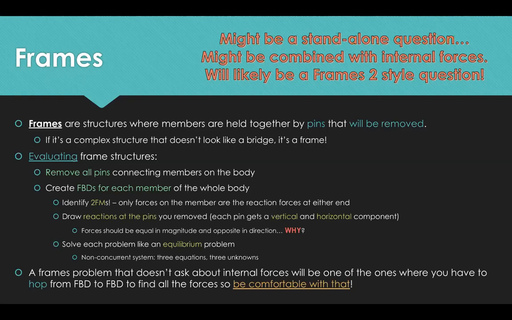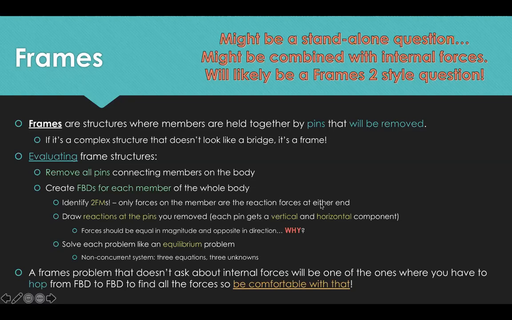To identify them, a member can be any shape, but the only forces acting on it are the pin reactions. If a structure doesn't have any applied load other than the pin reactions, that's a two force member, and you can approximate it as one force in the direction from one joint to the other. I think there's a problem with a two force member in the future, and I'll show you a little bit more about it there.